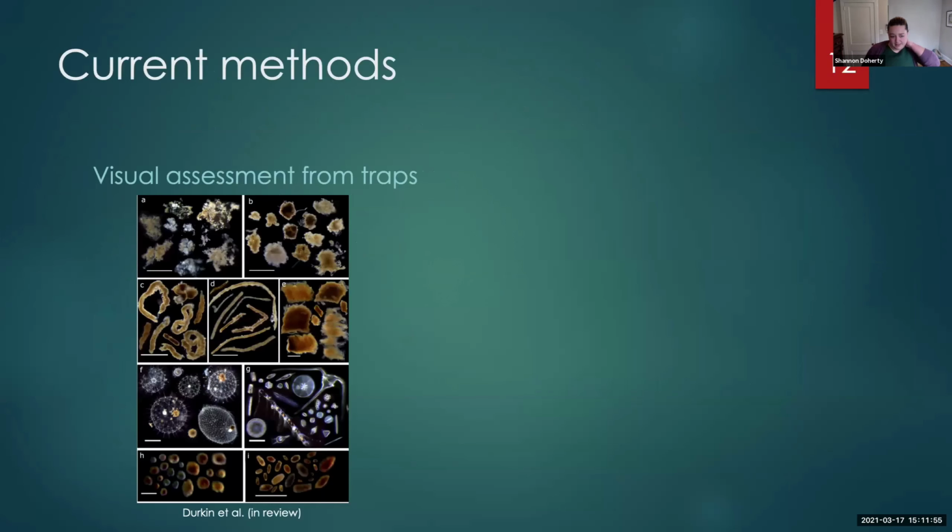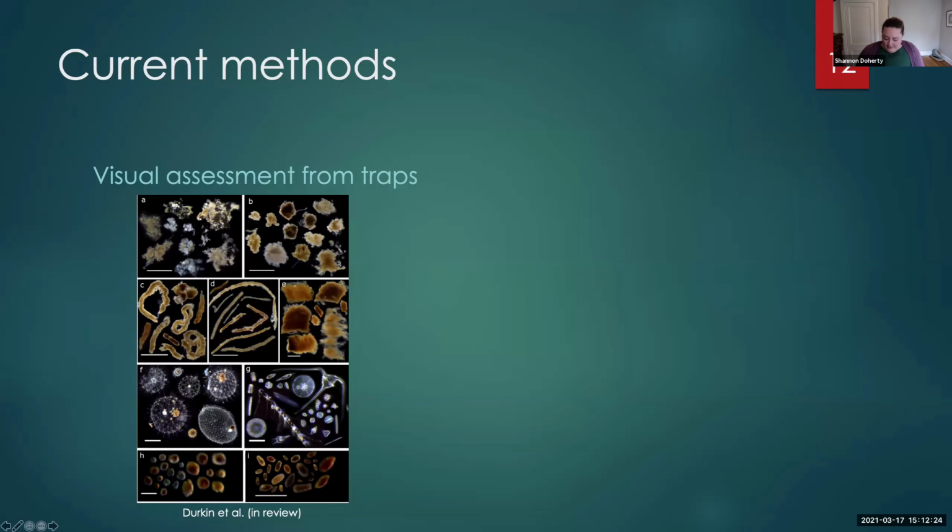One is visual assessment from traps. So in this method, sediment traps are deployed and they collect particles, and then these particles are imaged and identified as fecal pellets. And then we can measure the size of these particles and calculate a biovolume and convert that biovolume into a carbon measurement. So there's a certain calculation for carbon to biovolume for fecal pellets.